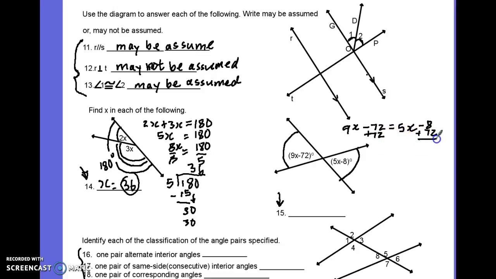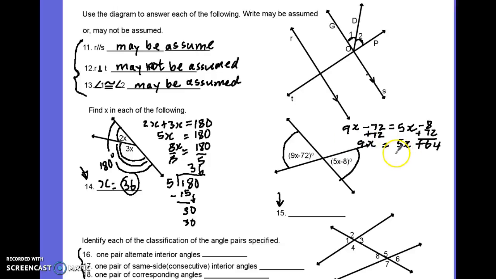When we do, since these are different signs, we subtract 8 from 72. It's 64 and we use the sign of the larger one. So it is positive. You might say, are you positive? Yes, I'm positive.